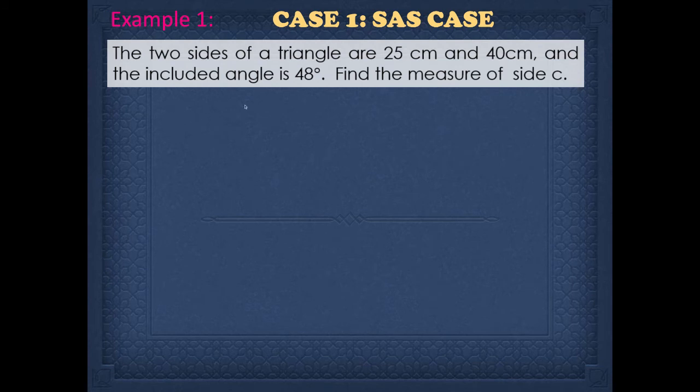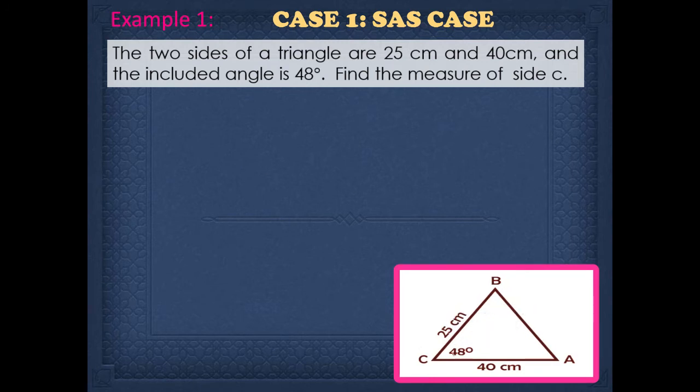The two sides of a triangle are 25 centimeters and 40 centimeters, and the included angle is 48 degrees. Find the measure of side C. So here you're given two sides and an included angle. So clearly this problem falls under the SAS case.